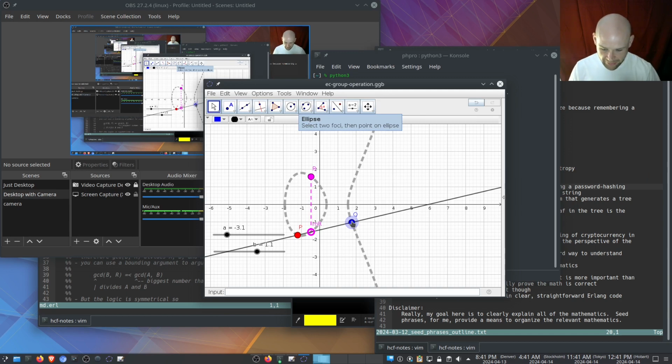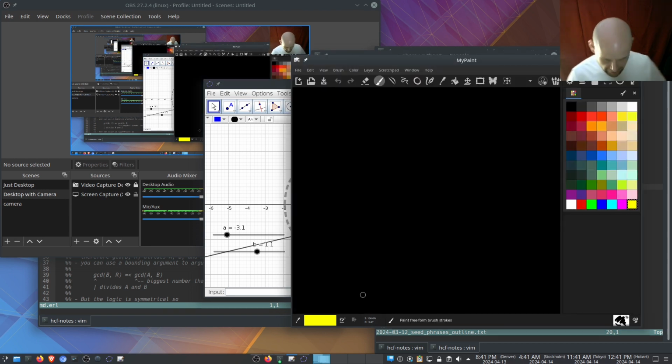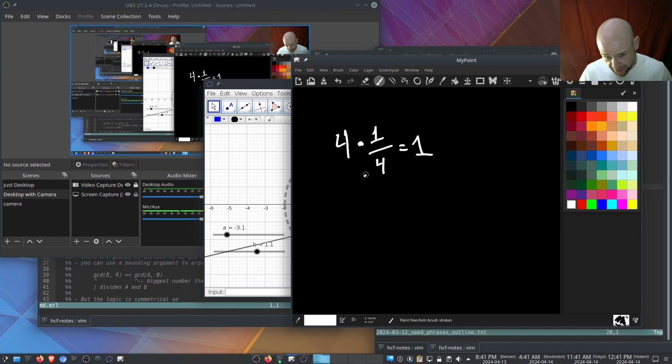And specifically, with division, if you take the number 4 and multiply it by 1/4, that is equal to 1. And so therefore 1/4 is the multiplicative inverse of 4.